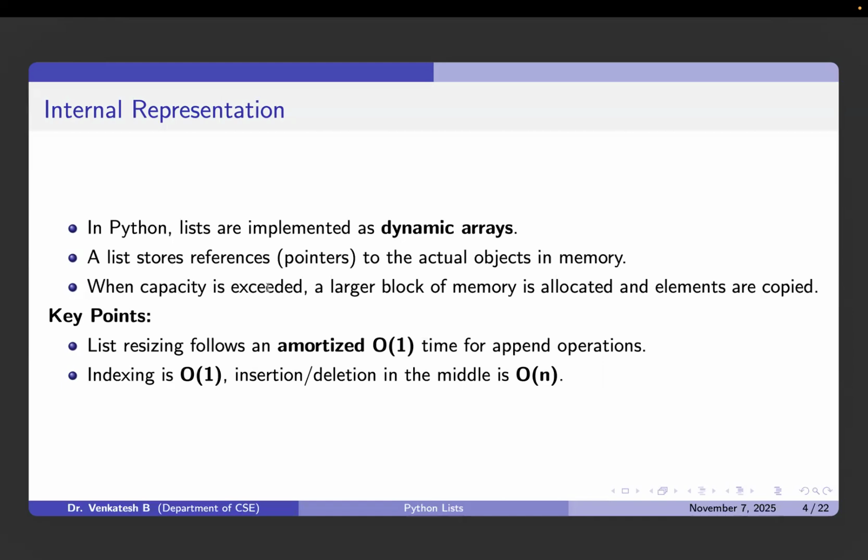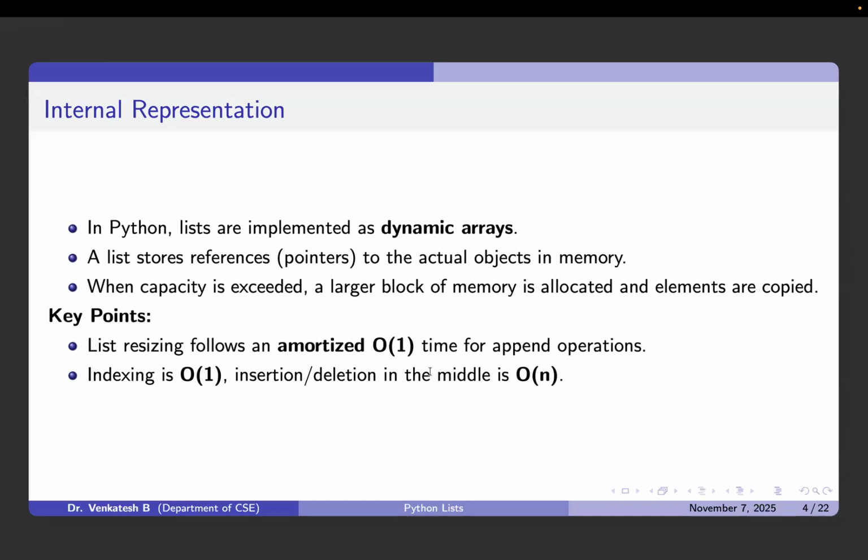When capacity is exceeded, a larger block of memory is allocated and elements are copied. An array is a contiguous allocation, so if the allocated memory is not sufficient, the content is copied to a new larger block of memory.